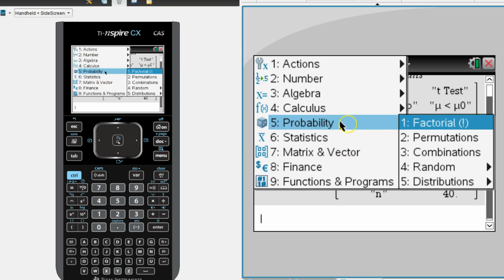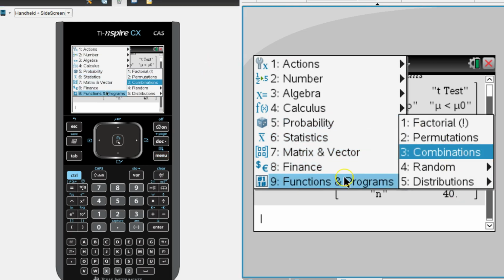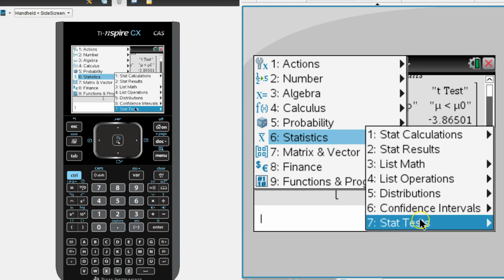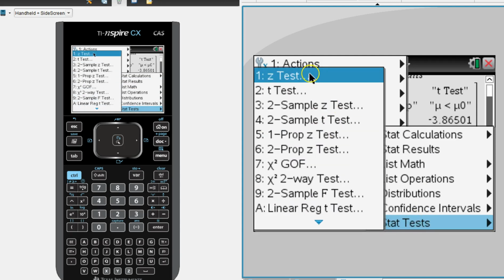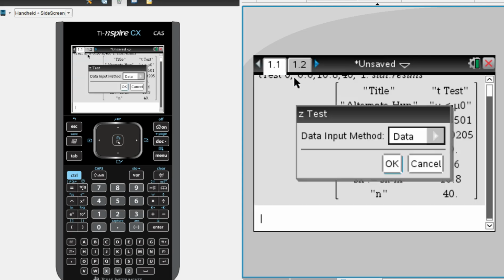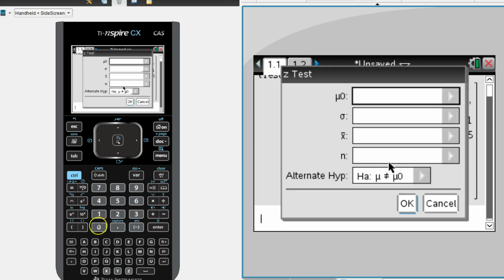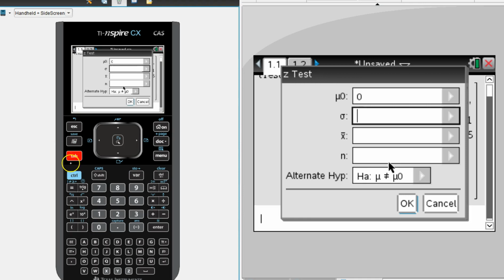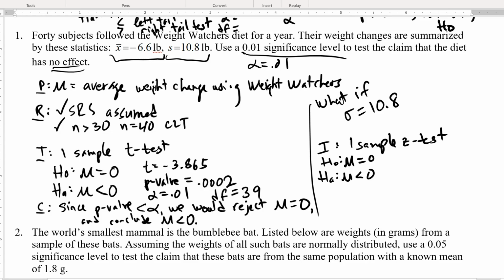Menu, probability, nope. Where are we at? Statistics, tests. And at the very top, it would be a z-test. So the same claim of 0, but I said, what if that had been the true standard deviation of 10.8?